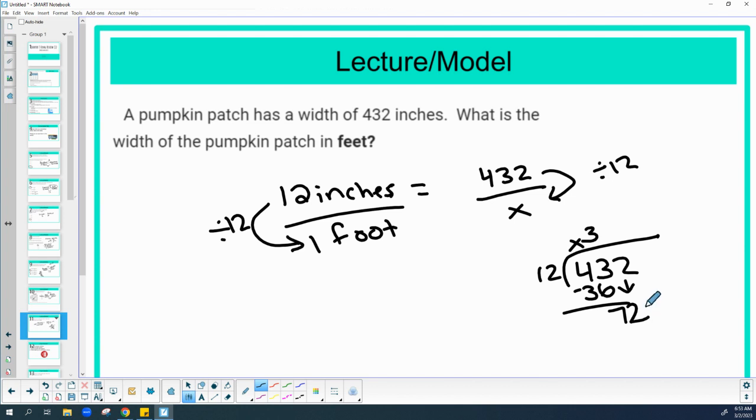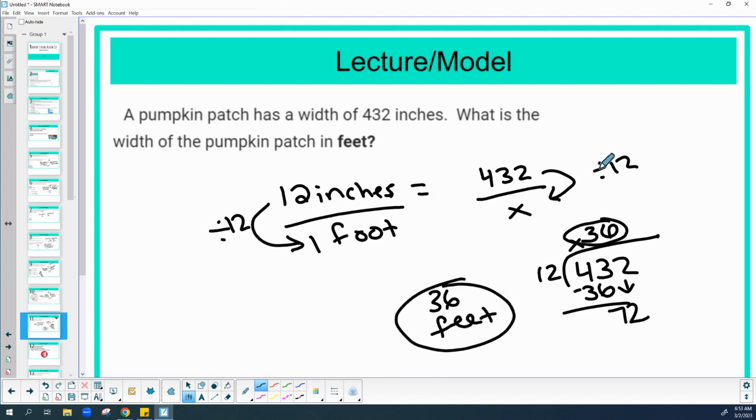Bring down a 2. And then 12 fits into 72 6 times. So it would be 36 feet. And again, I know to go from inches to feet, I divide by 12 because there are 12 inches in 1 foot. So 432 inches divided by 12 gives us 36 feet.